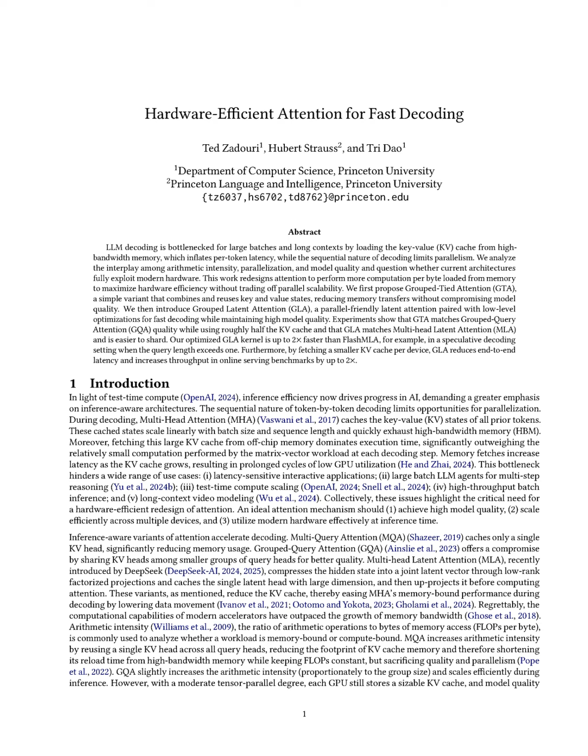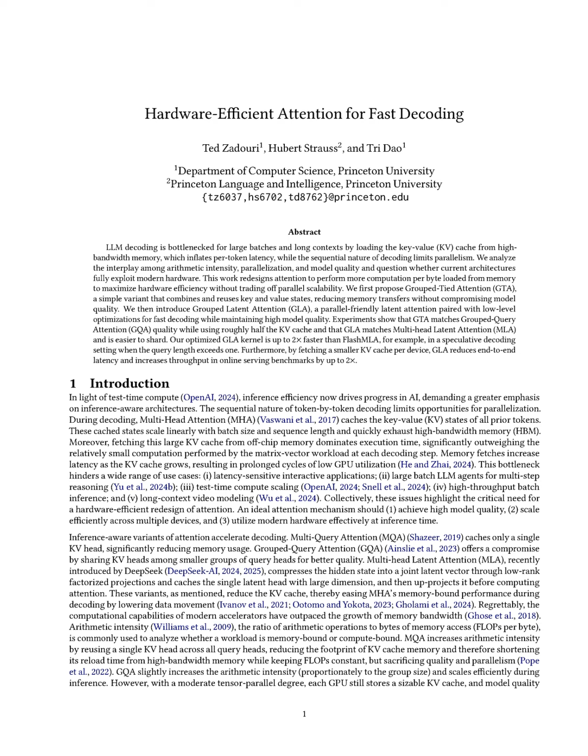While raising G_Q enhances arithmetic intensity and reduces the KV cache size, it can lead to diminished parallelization capabilities, as excessive duplication of parameters across devices occurs, ultimately limiting the benefits of model parallelism.